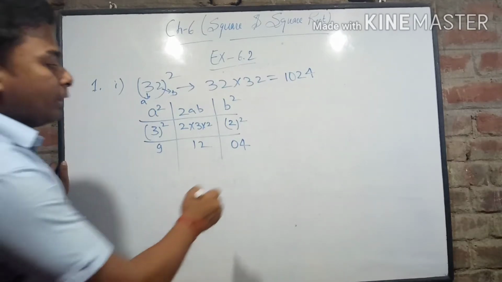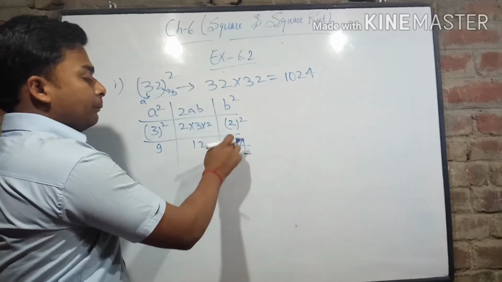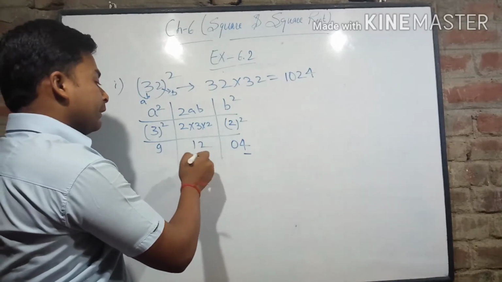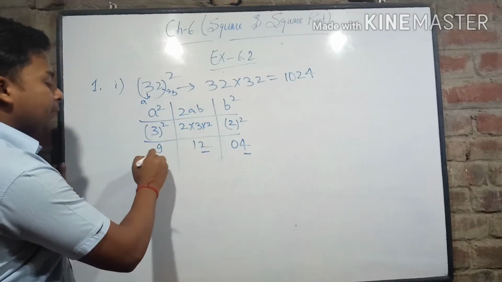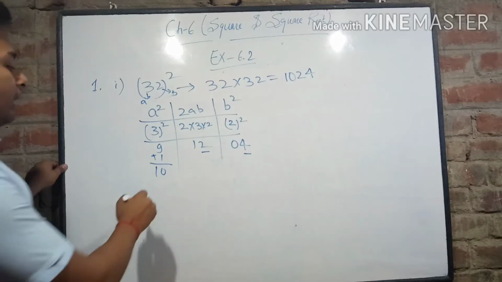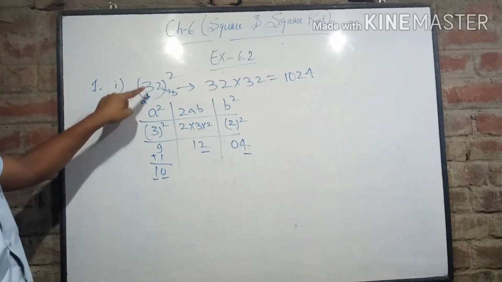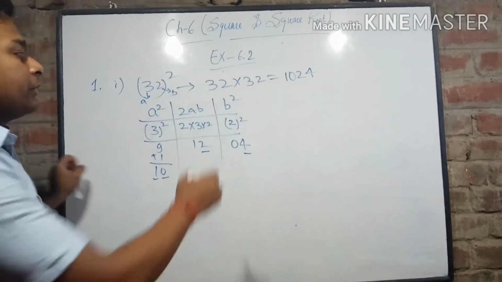So we will take the unit place. The next digit will be carried to this place, but it is 0, so no need to worry. We will again take the unit place and this part will be carried to the next place. Now it is 10. Finally we have got the answer that 32 square is equal to 1024, and I think this is the first method.